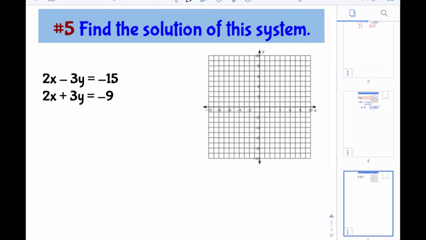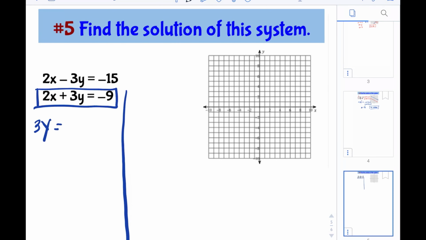So for our question number 5, we have 2x minus 3y equals negative 15 and 2x plus 3y equals negative 9. So first we're going to change both equations into the y equals mx plus b form. So for the equation 2x plus 3y equals negative 9, I will rewrite it as 3y equals negative 2x minus 9.